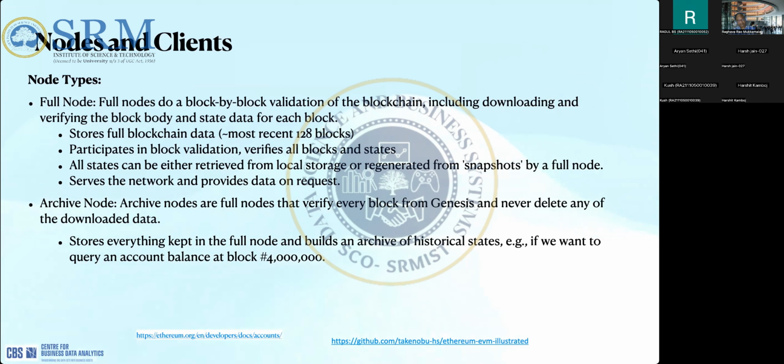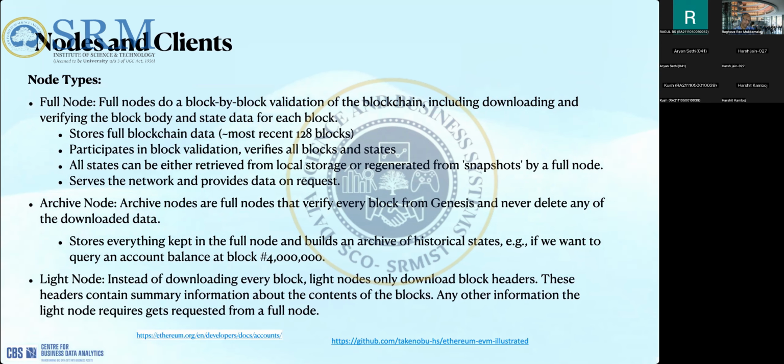But here, because of proof of stake, they trust the peers and they trust these snapshots. That's why the nodes can be a bit flexible, only storing the information about the most recent blocks, right? Whenever they want, they can easily get the rest. So they are not in a distrustful mode like Bitcoin.